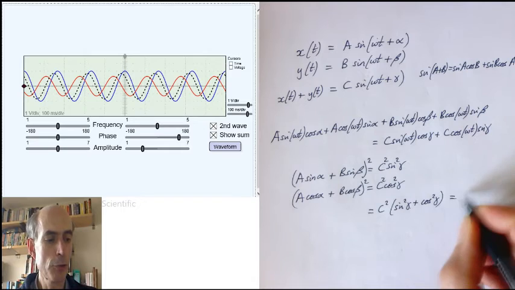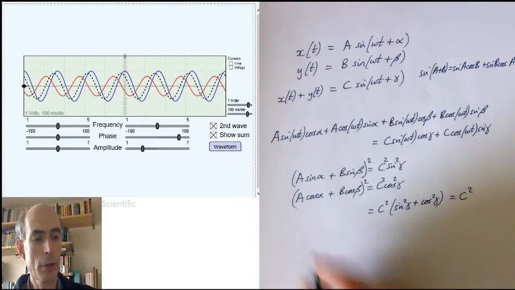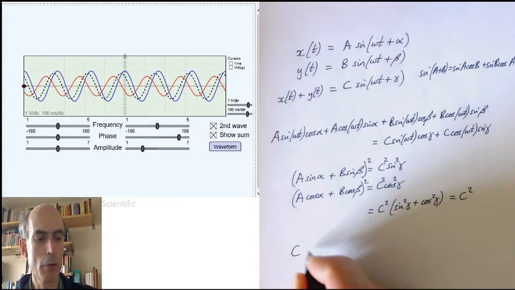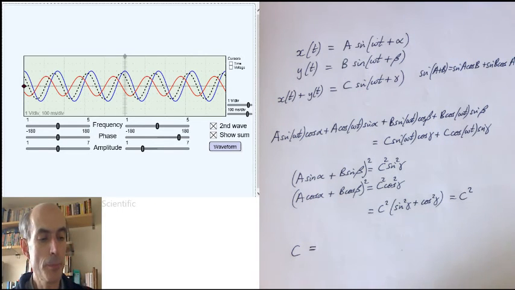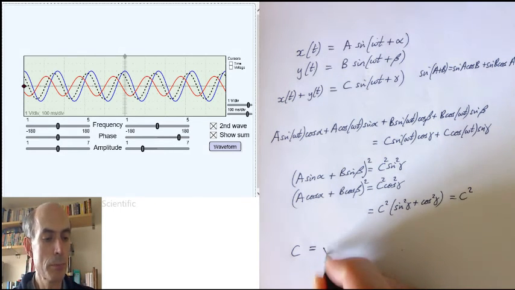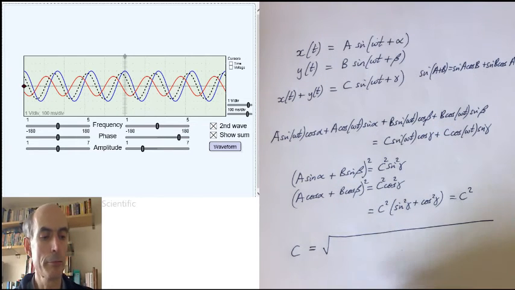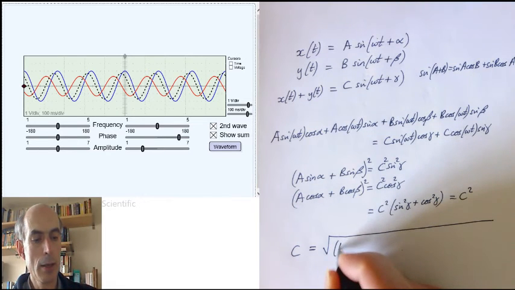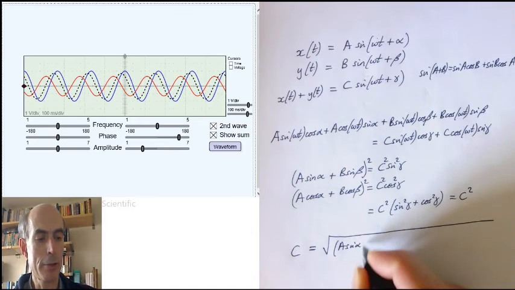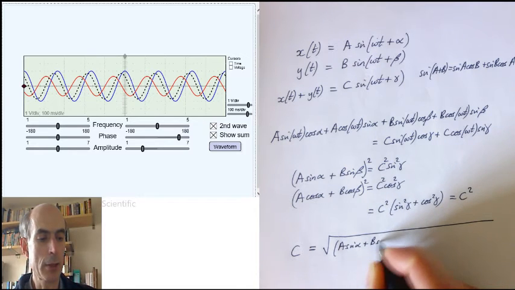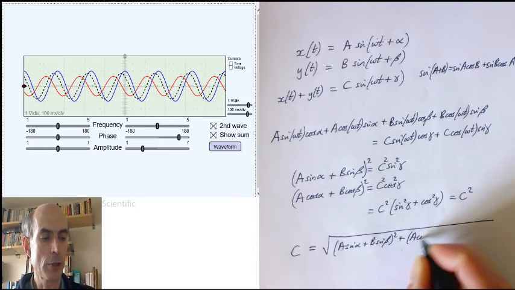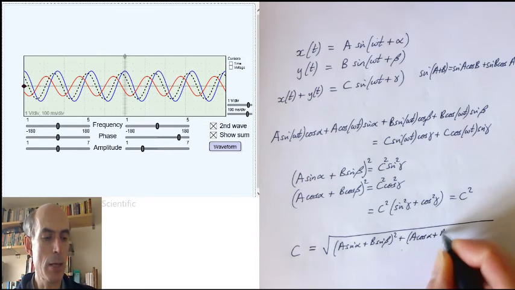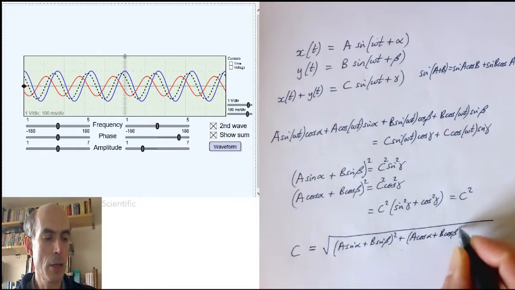So that's just equal to C squared. So I can work out the amplitude of the sum of these two. It's the square root of A sine alpha plus B sine beta all squared plus A cosine alpha plus B cosine beta all squared.